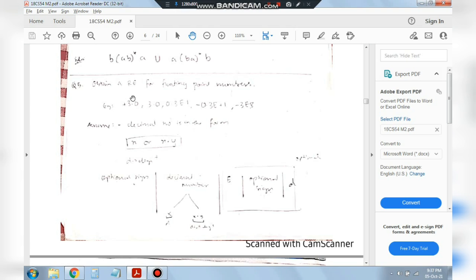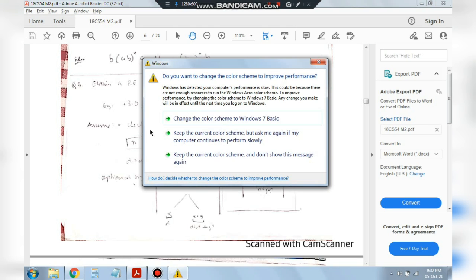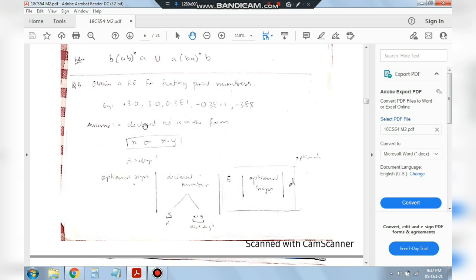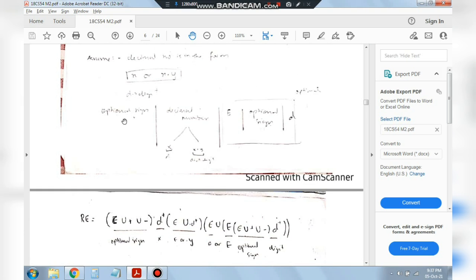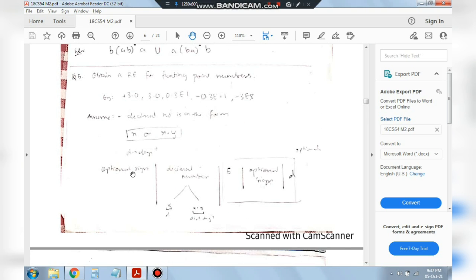So before starting, assume that a decimal number is in the form x or x dot y, where x is a digit. If it's like 7, it will be 7 here, or 7.4, 7 point, and y will be replaced with 4. So this is the format for representing a single digit or with a decimal. And we have the main format here, which is first the optional sign, that means either plus, minus, or empty, means nothing is present here, right?